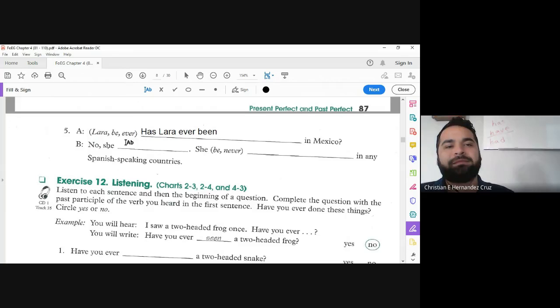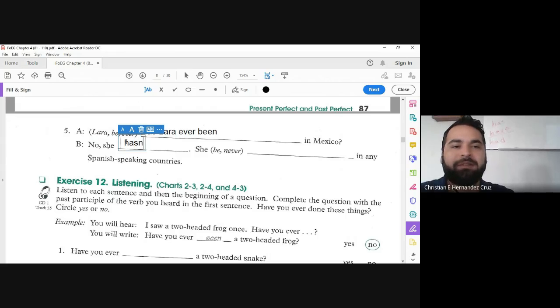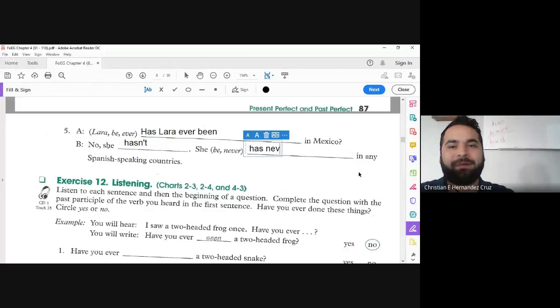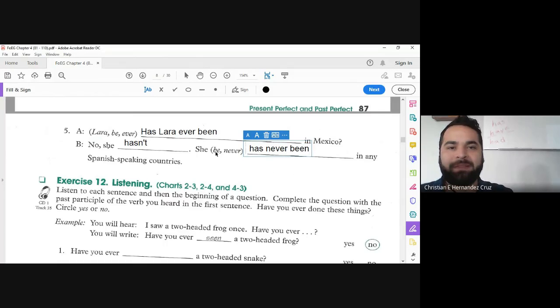No, she hasn't. Oh, conjugating. Very good. She has never been. Yeah, because it's specifying that we need to use the be verb. So yeah, it would be been.